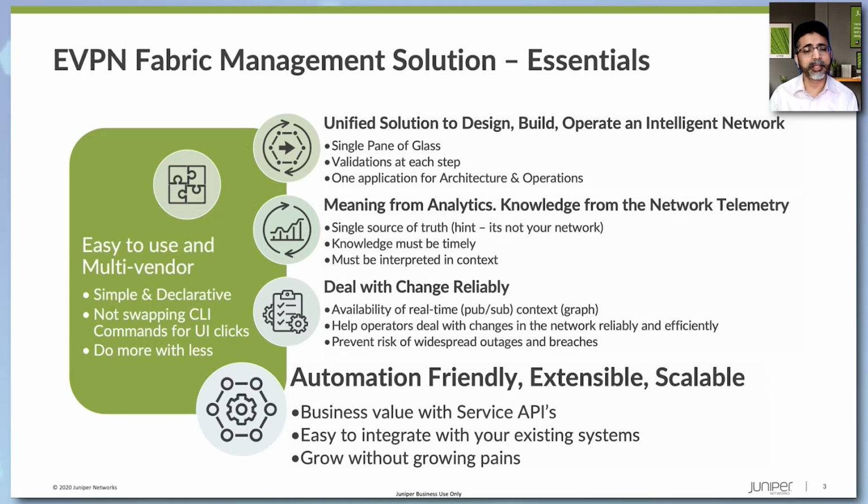So it's just going to make it more efficient and more scalable for you. And that's one of the key characteristics I think you need to look for in a fabric management solution. Now the APIs need to be easy to use, and they need to be integrated using your preferred programming language or infrastructure of choice.